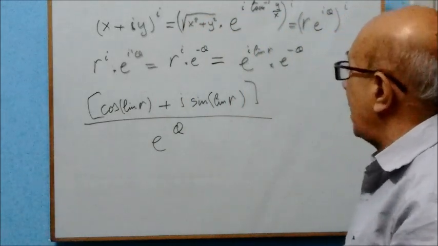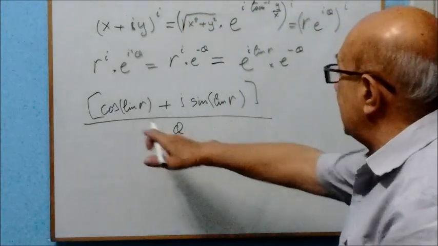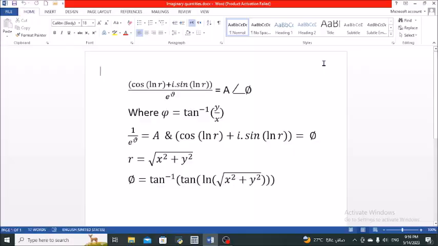So this is our quantity, where 1 over e to the theta stands for. Now our complex expression raised to the power i yielded this expression: cosine ln r plus i sine ln r over e to the power theta.